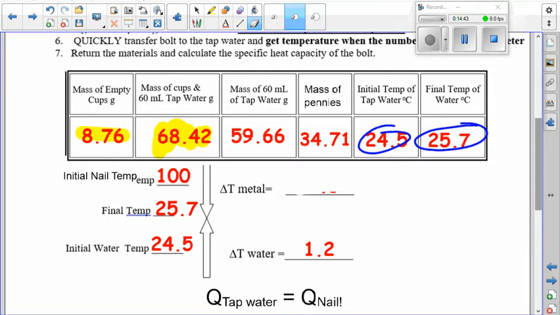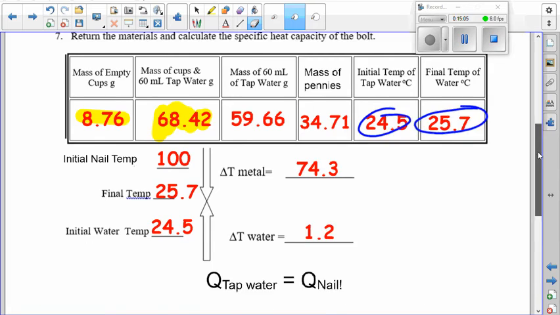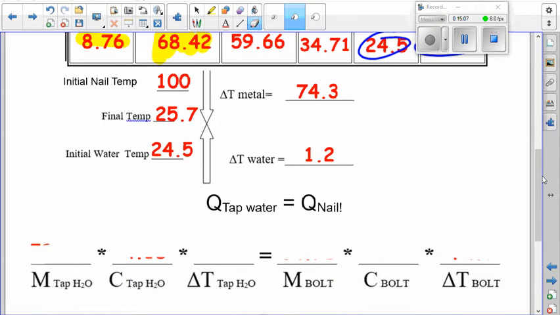It came down to 25.7. And so its delta T is going to be a lot larger. Now, what did you guys get for the delta T there? For the nail? 74.2. I got 74.3, I think. The other one was 74.2, so you might want to just double check that.